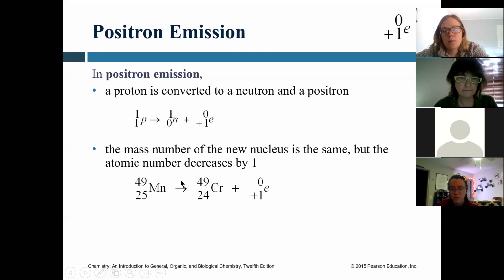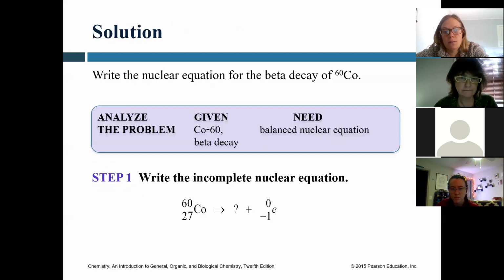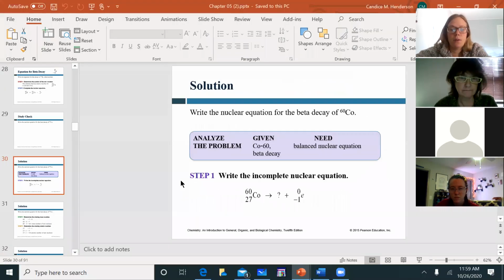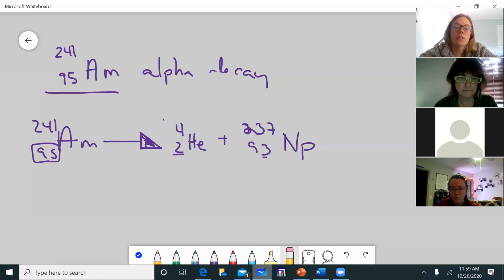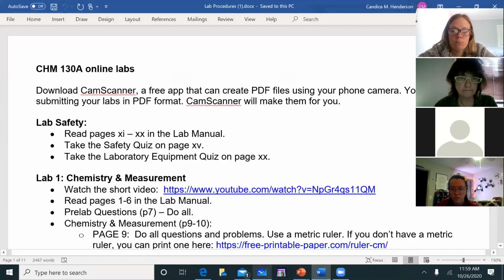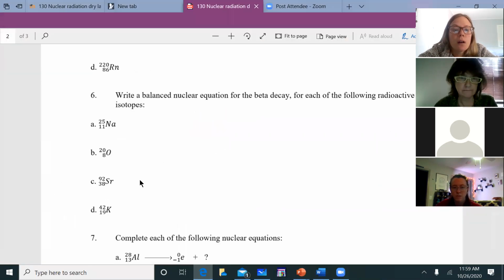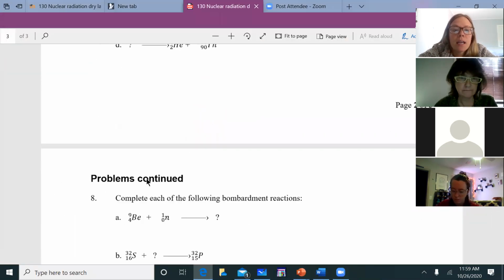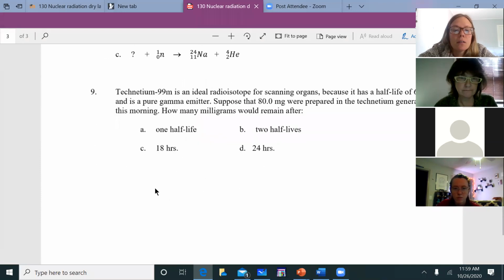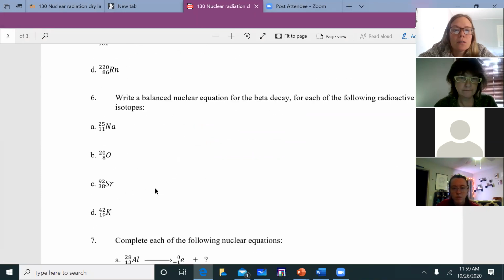So let's do a positron. I've got one over here on our worksheet. Where are you? There you are. Beta decay. No, does it not do a positron?